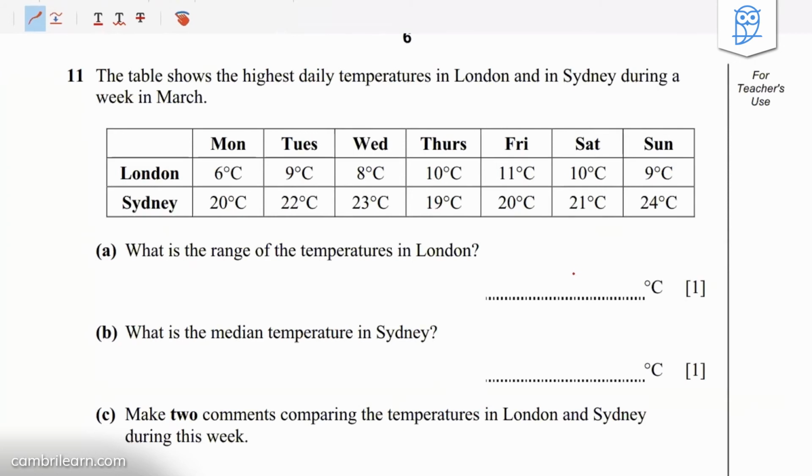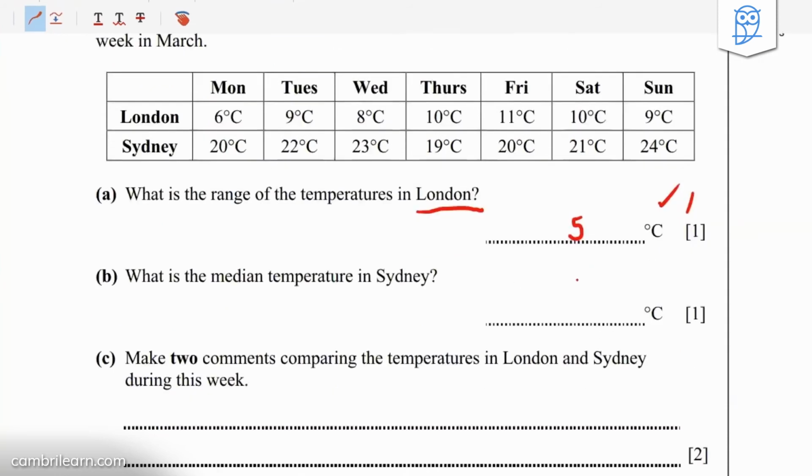Remember that my range is max minus min. Oh wait, we are doing London. So our maximum temperature is 11 minus 6, so this is equal to 5 degrees Celsius. That is our temperature range.